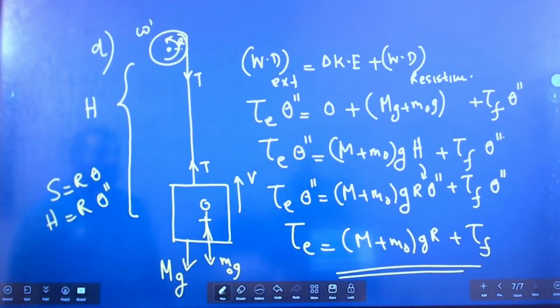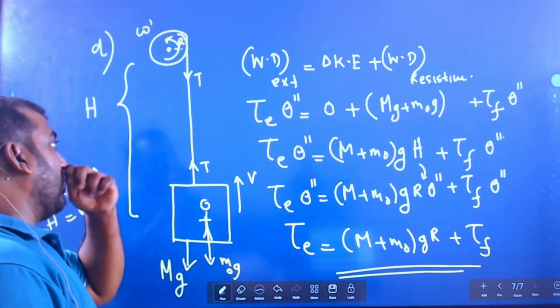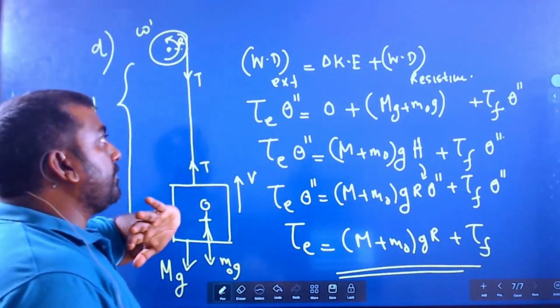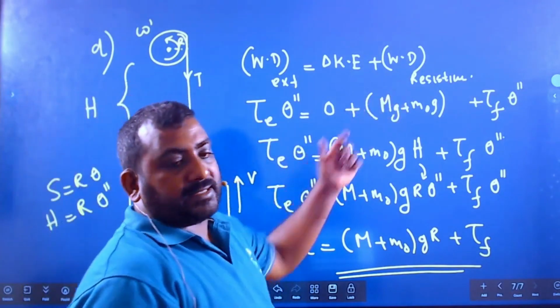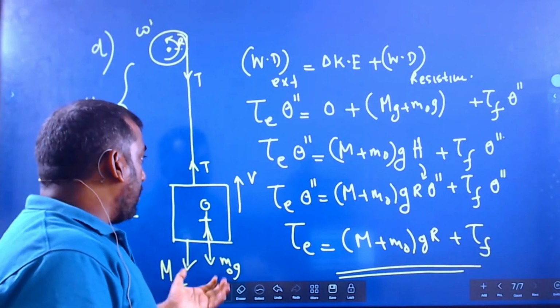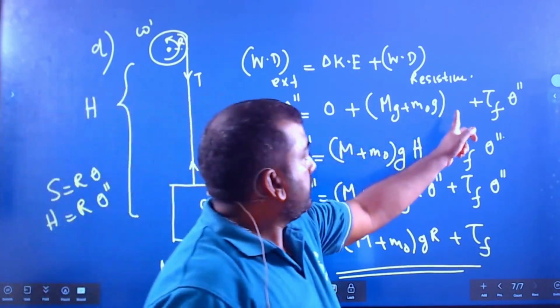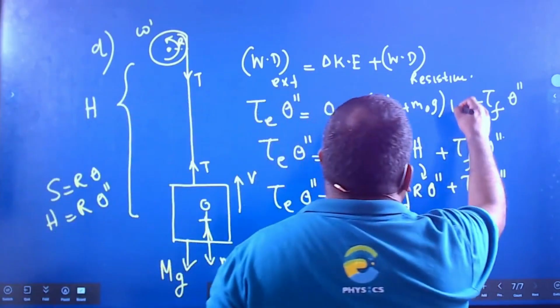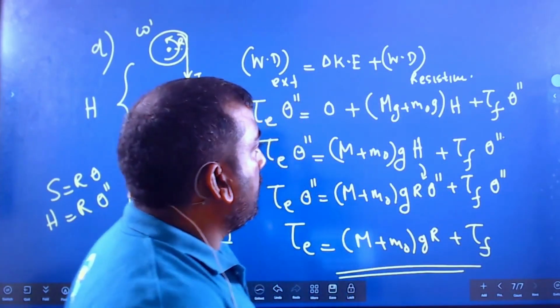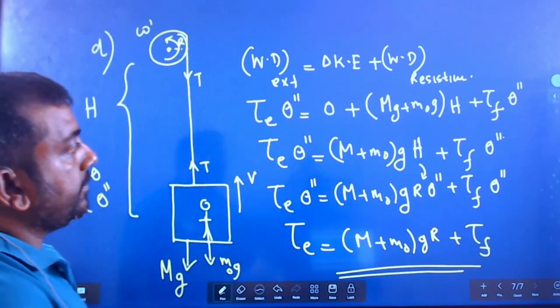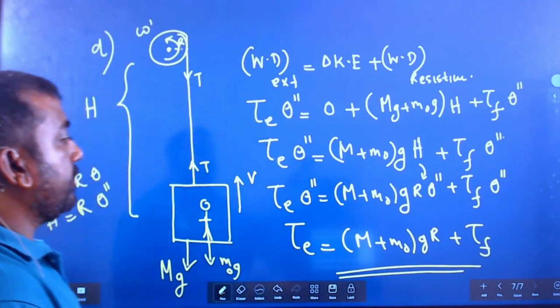There you go. So work done by external forces, external torque one is there. Work done by resistive, weight will do resistive work: total weight into capital H, force into displacement, and frictional torque.